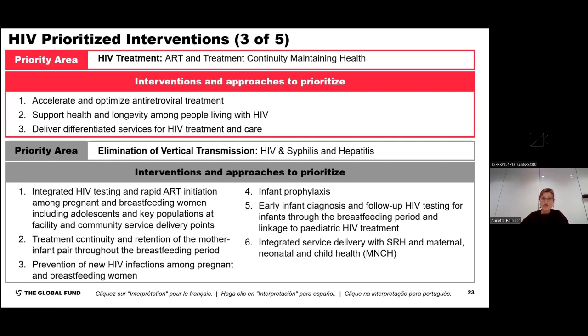There's now an emphasis on the support to health and longevity among people living with HIV. My colleague Lee has just explained to you that this guidance related to health and longevity will be published very soon. And our focus on continuity of treatment and return to care has also increased, which is a commitment to achieving sustainable treatment outcomes and the third 95.